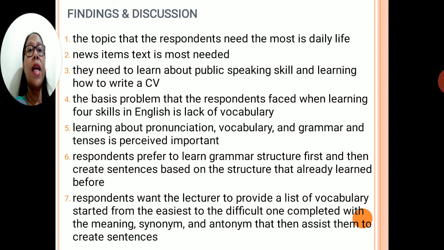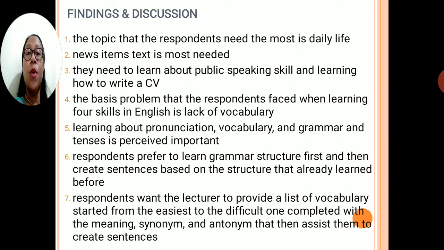The third, they need to learn about public speaking skill and learning how to write a CV or curriculum vitae in English. Number 4, the basic problem that the respondents faced when learning 4 skills in English is lack of vocabulary. Number 5, learning about pronunciation, vocabulary, and grammar and tenses is perceived as important for them.